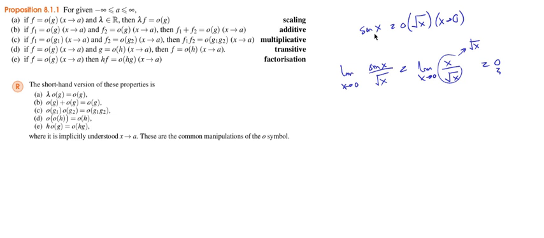Because the sine is approximately equivalent to x, right? We know that this is approximately equivalent to x when x goes to 0. Then it means that we know x is small o of the square root of x, right? When x goes to 0, just like what we were saying before, that x to the gamma plus alpha is small o of x to the gamma when x goes to 0.